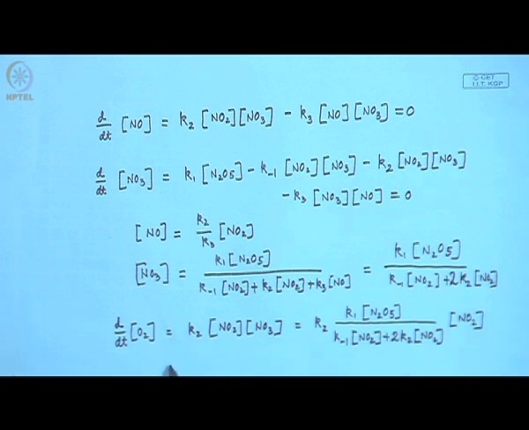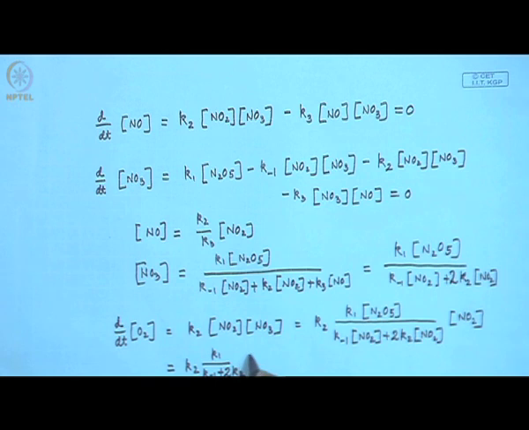So, this gives you K2 K1 divided by K minus 1 plus 2K2, into N2O5.